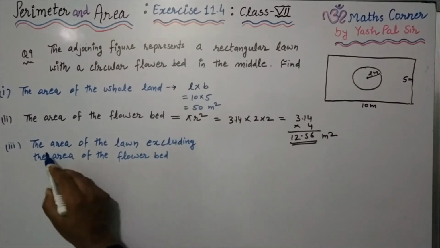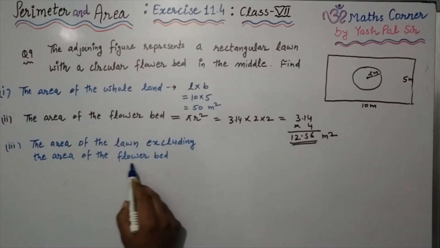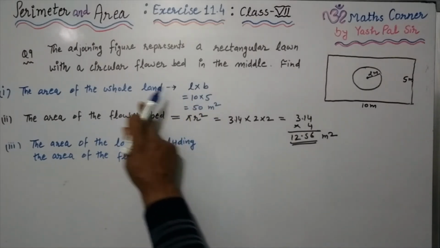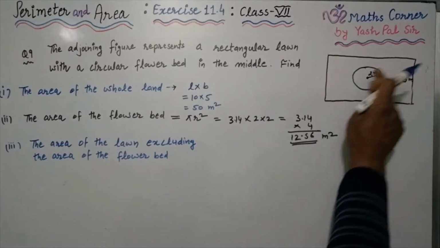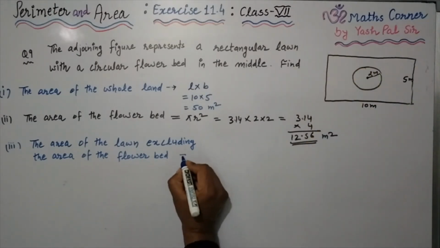Now third part, find the area of the lawn excluding the area of the flower bed. That is to say, from the whole rectangle, this circular bed area is subtracted.